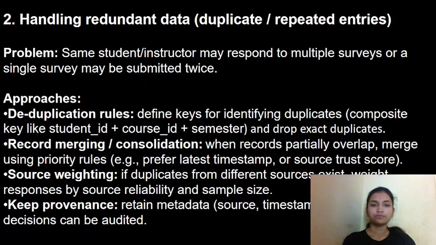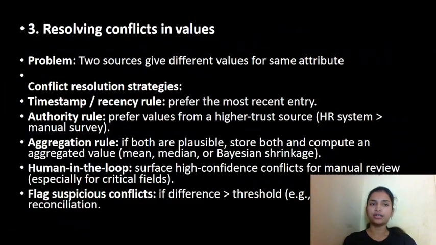Record merging, also called consolidation: when records partially overlap, merge using priority rules. Source weighting: if duplicates from different sources exist, weight responses by source reliability and sample size. Keep provenance: retain metadata so merge decisions can be audited.